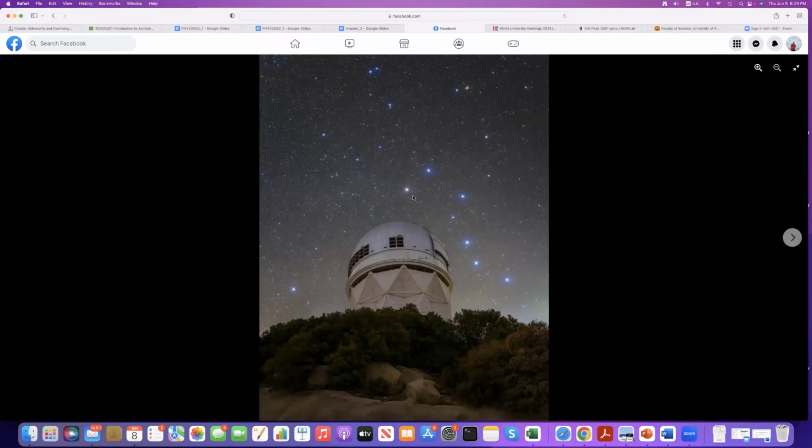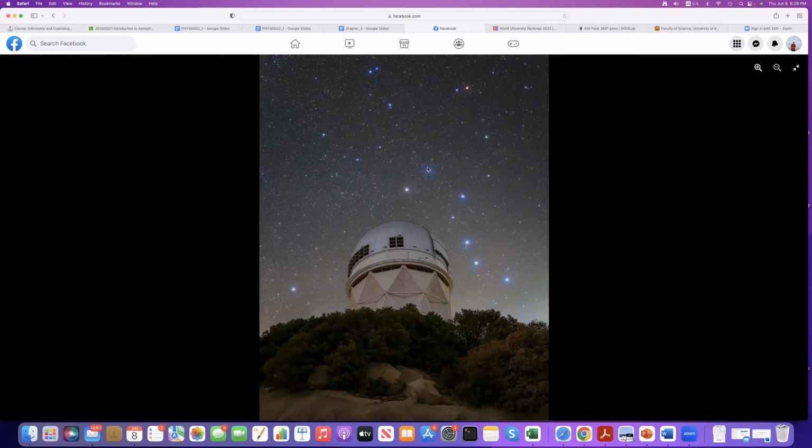There are certain stars right here that are very popular. These two stars right here are very popular. And this Big Dipper asterism is mostly used to locate the North Star, or Polaris.